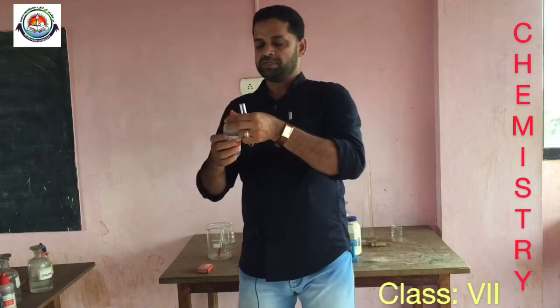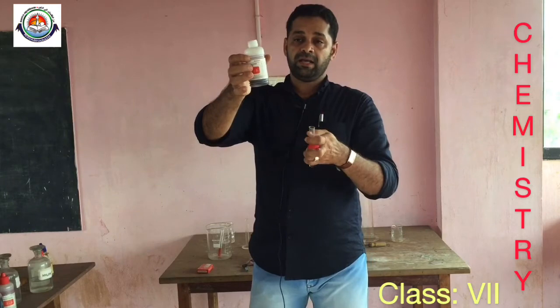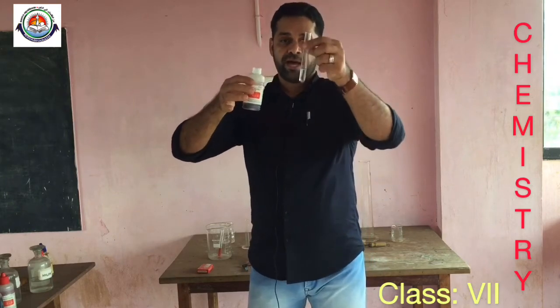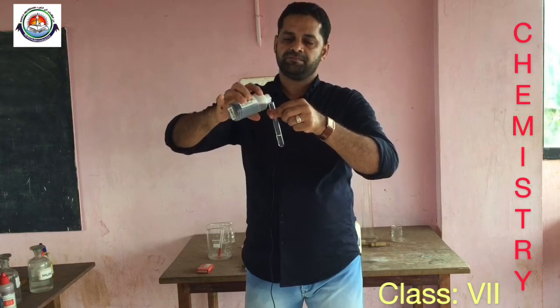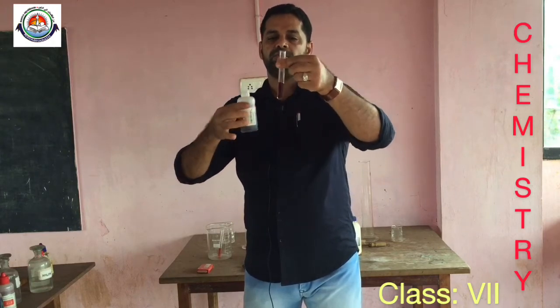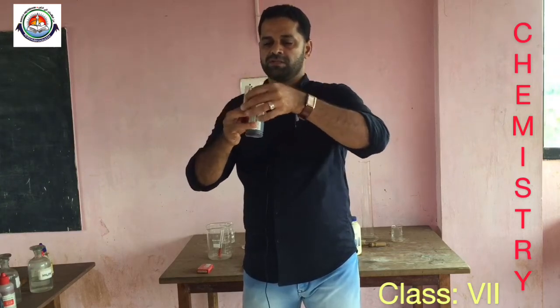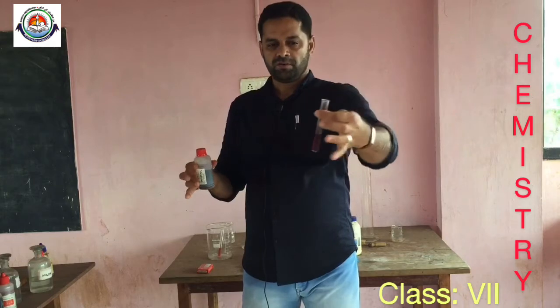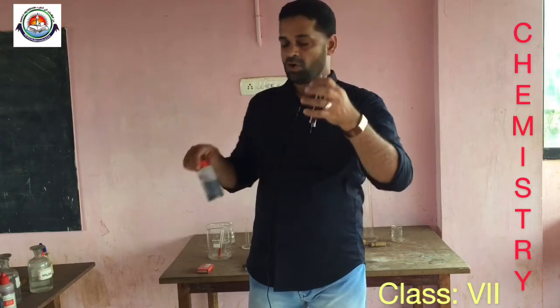You can see this is blue litmus solution. So when we add blue litmus solution to a base, let us see. It is again blue. There is no change, no? It is again blue, no color change. Why? Because this is a base, that is why there is no color change.